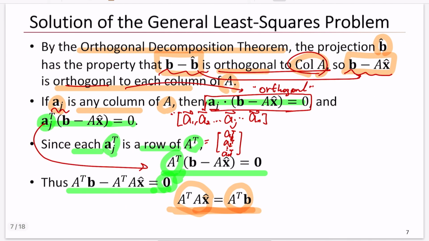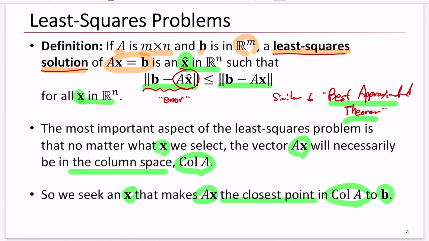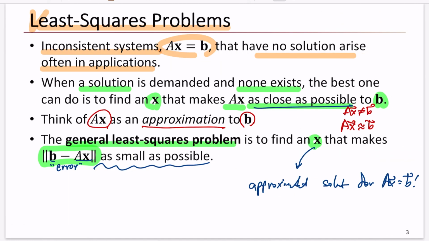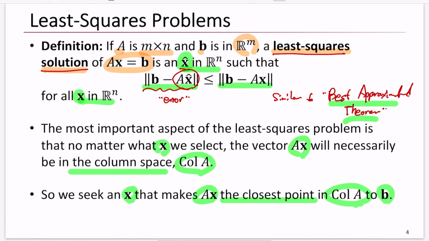Right, let's briefly review what we've done. Here is the definition of the least squares solution. Given the matrix A, whose size is m by n, and b in R^m space, a least squares solution of Ax equals b, where Ax equals b doesn't have any solution because this is an inconsistent system, is the x hat such that the length of b minus A x hat is smaller than or equal to the length of b minus Ax, where x is any vector in R^n space.